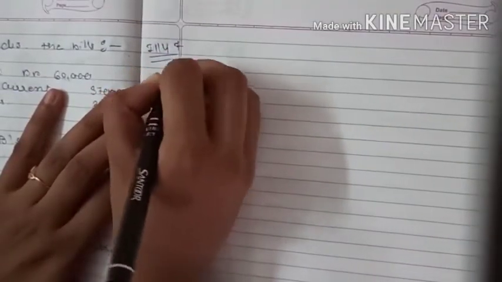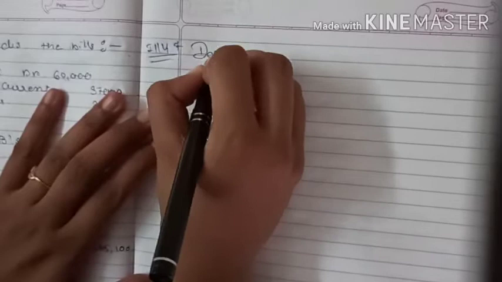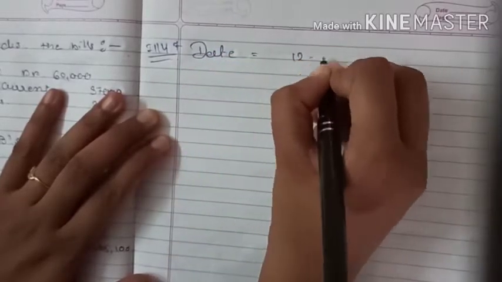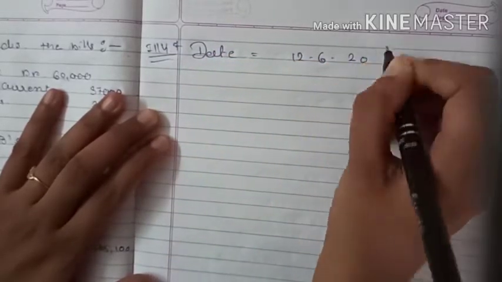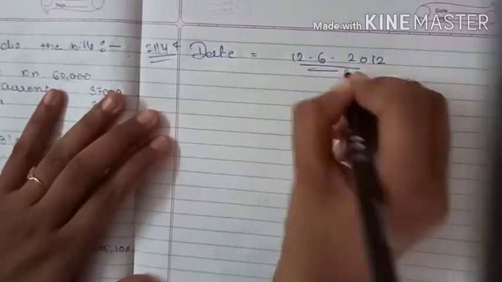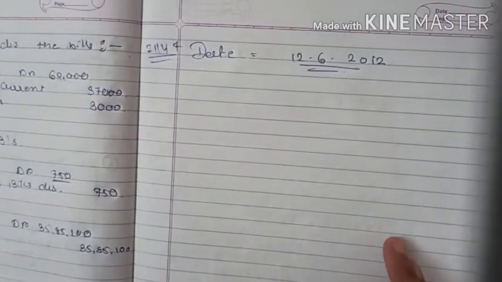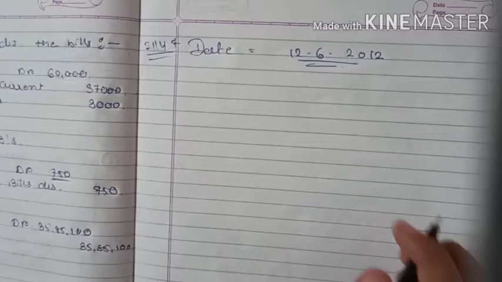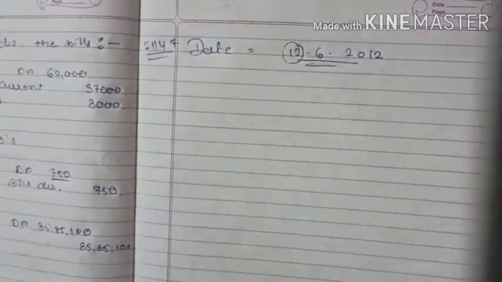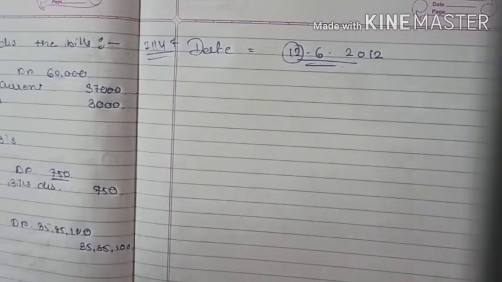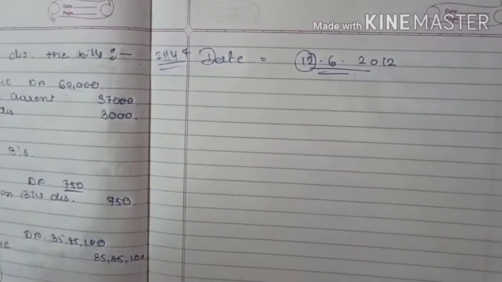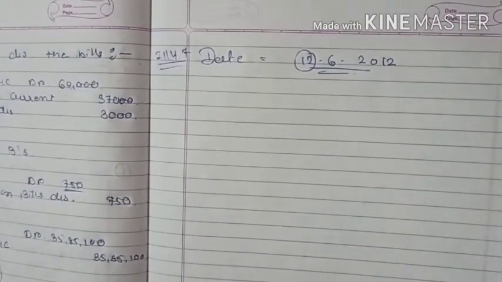Illustration number 7. The date is given. Which date is given? 12/6/2012. If any month was given, you would have to calculate a month, but here the date is given, so in this sum we have to calculate the days, how many extra days are those.